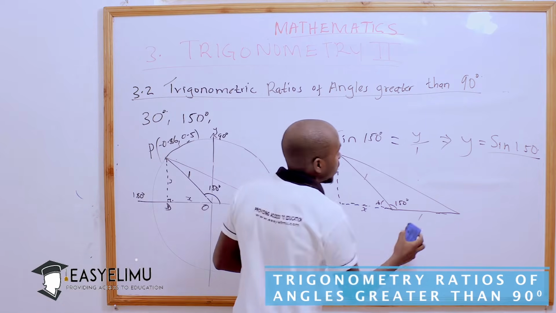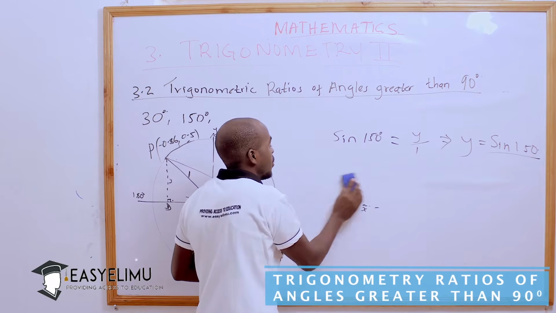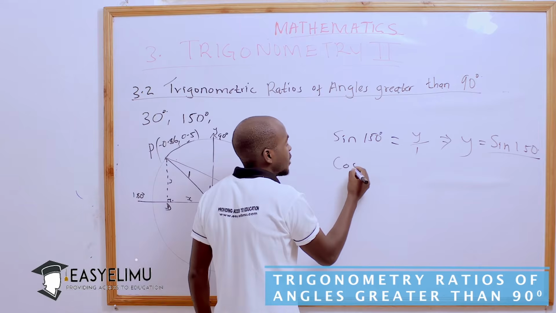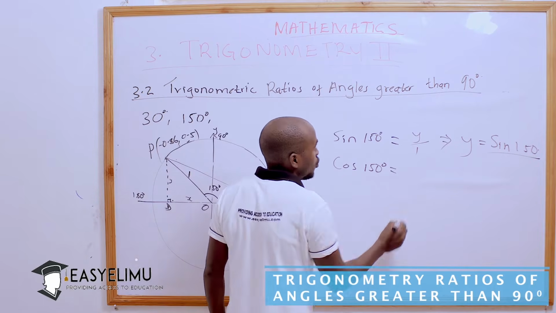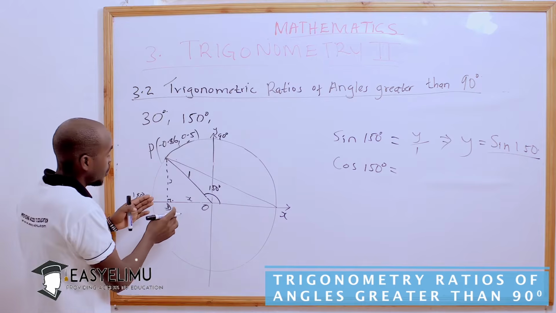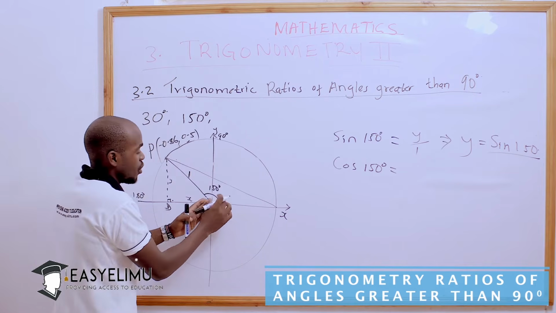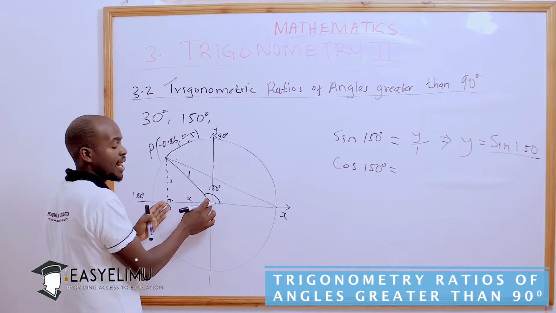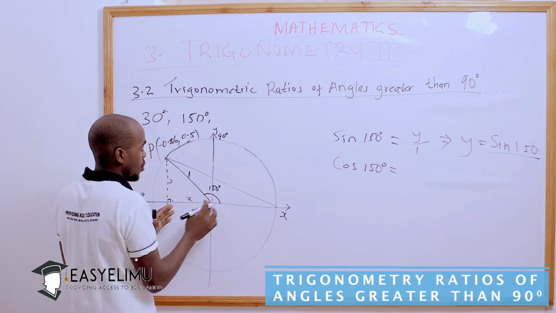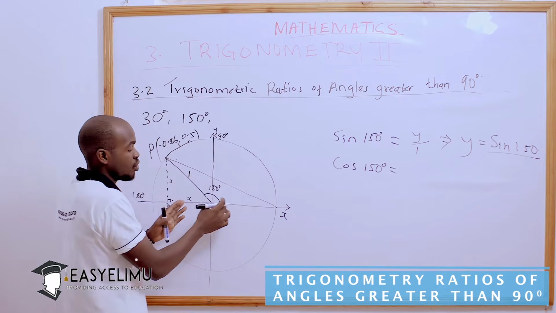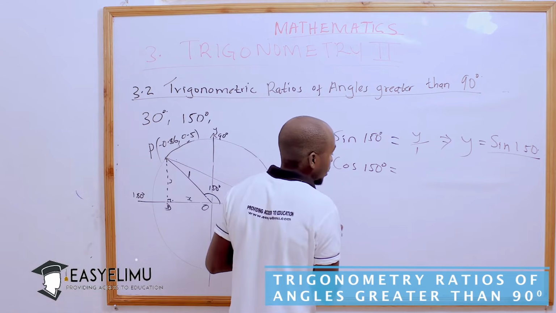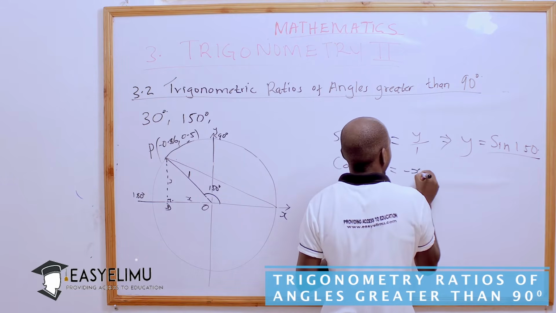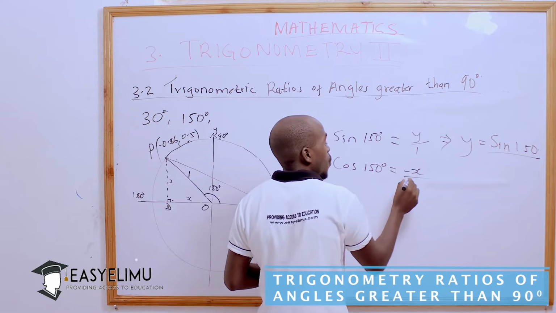But if we find the cosine of that angle, for example cos 150 degrees, because we are extrapolating, this side will be negative, so we take it as negative to represent this direction. So it will be negative x over 1.